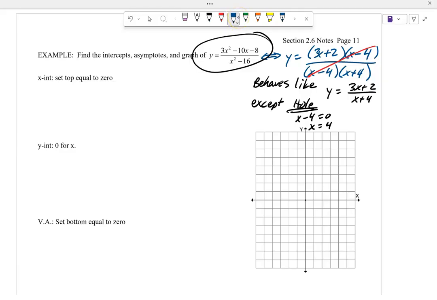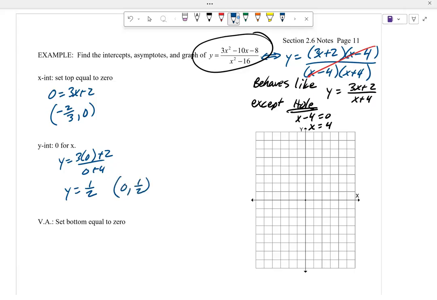So let's go ahead and find our x-intercept by letting y be 0. I got negative 2/3, 0. Let's find our y-intercept by letting x be 0. I got a half, 0 comma a half.